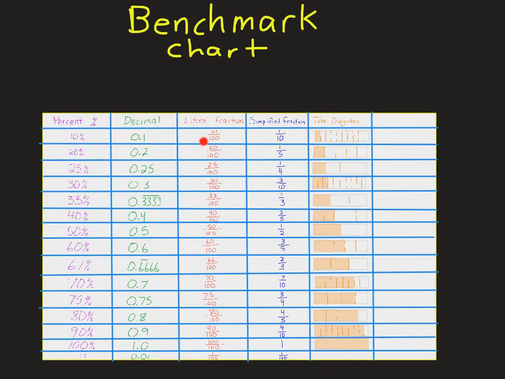So you can think over here to the literal fraction. This literally means 10 out of 100, or 10 hundredths. We write that like this, 0.1, which is actually 1/10. And you can see that if I take a 0 off, I end up with 1/10. But 10 hundredths would put a 1 in the tenths place and 0 in the hundredths place, so I don't even need that 0. Now our simplified fraction, like I said, is 1/10.